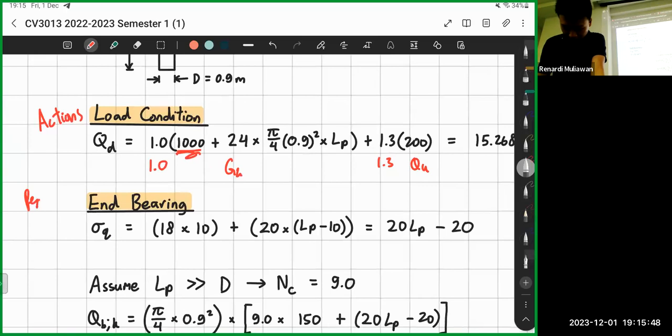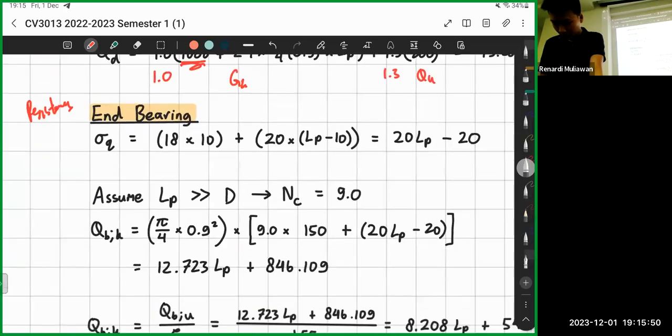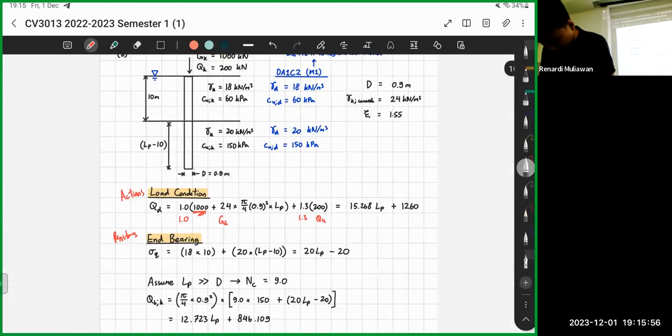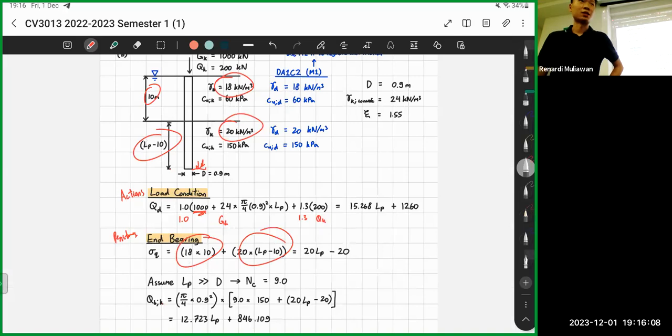Now we go to resistances. Again, we need to find sigma Q. So sigma Q is the stress at this level, the total stress. So it's 18 times 10, plus 20 times (LP minus 10).